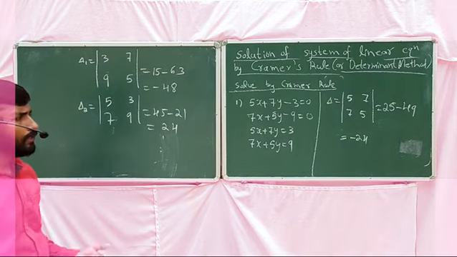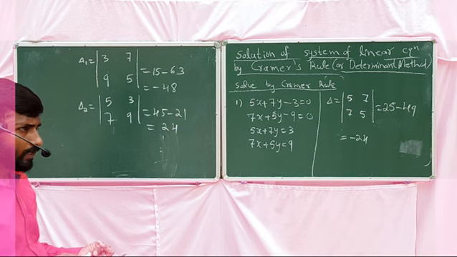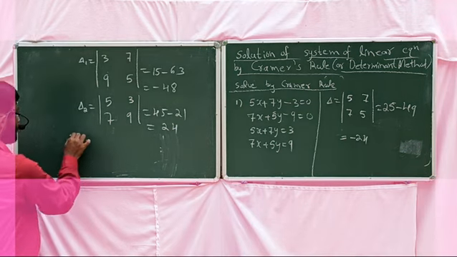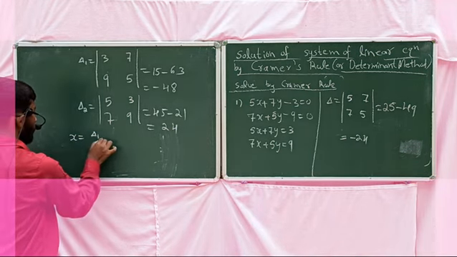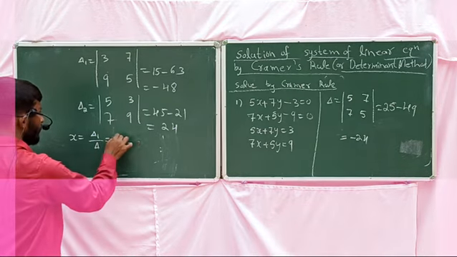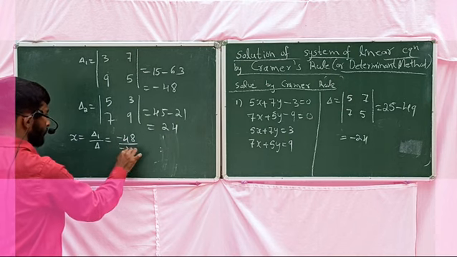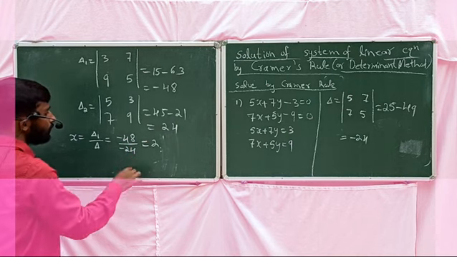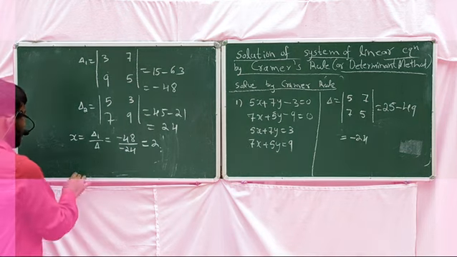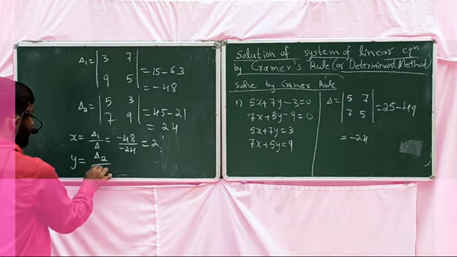Now see, the delta value is there, delta 1 value is there, delta 2 value is there. By the formula, x is equal to delta 1 by delta. Delta 1 is minus 48, delta value is minus 24, so its value is equal to plus 2. What is the y value? The y value is equal to delta 2 by delta.